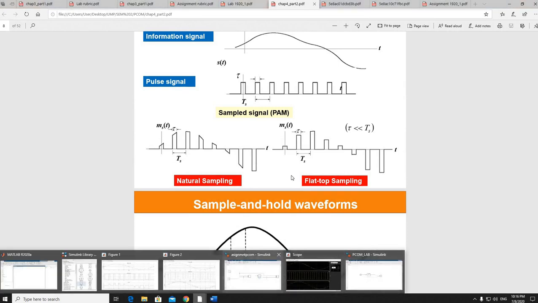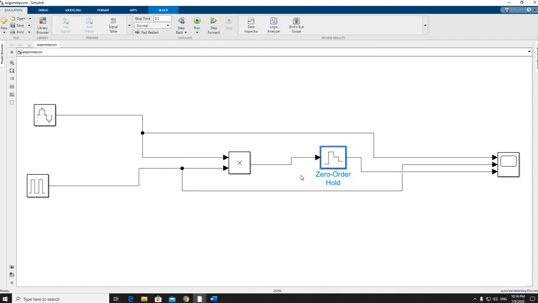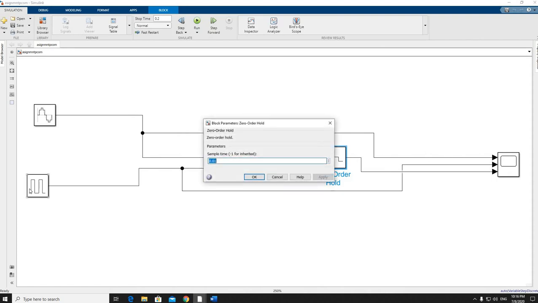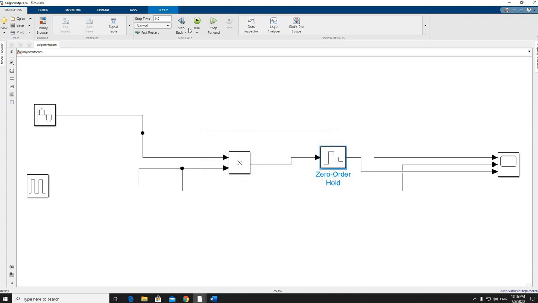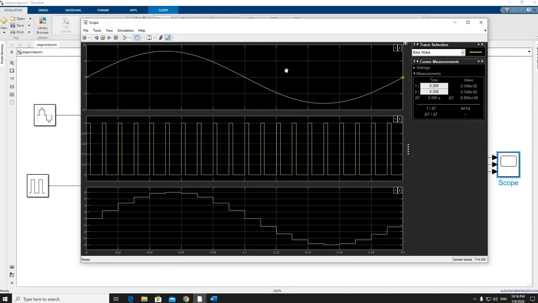Then you set the sampling time at 0.001, same also with the pulse generator, then press OK and hit run. After it finishes, you double click the scope and you get this graph.